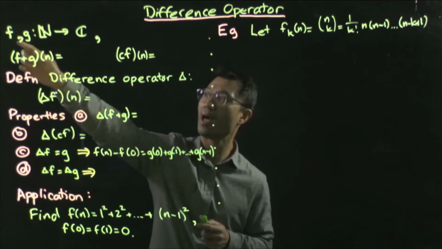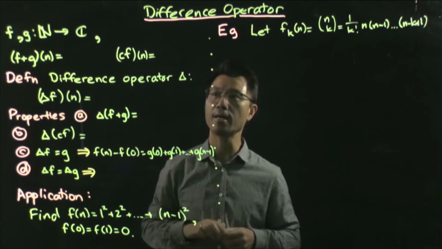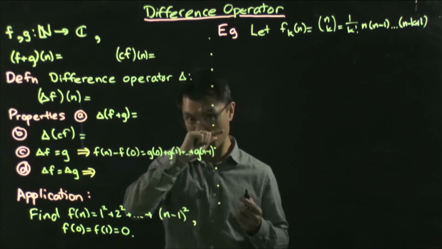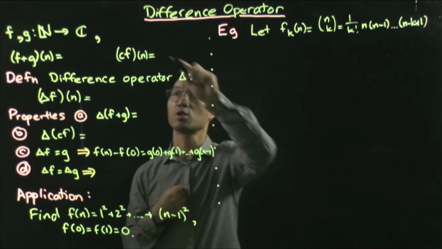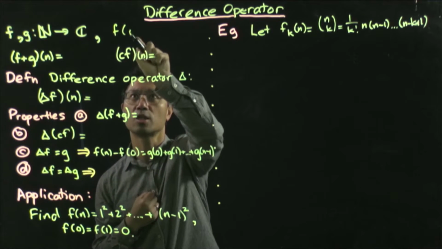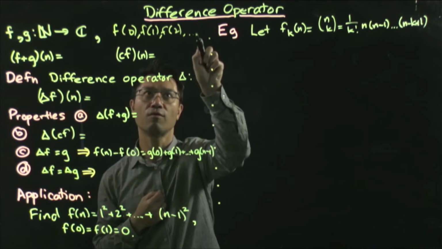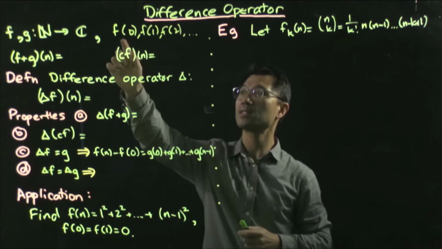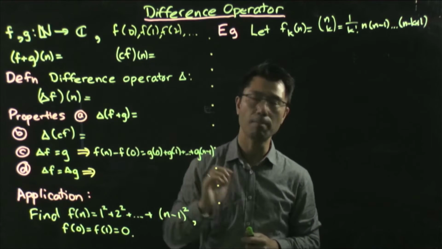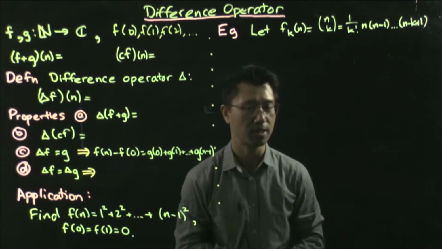Suppose f is a function from N to C, and then what's it determined by? It's determined by all its values. So you can look at f of 0, f of 1, f of 2, and so forth, and these values are all complex numbers. So here we just get a sequence of complex numbers.